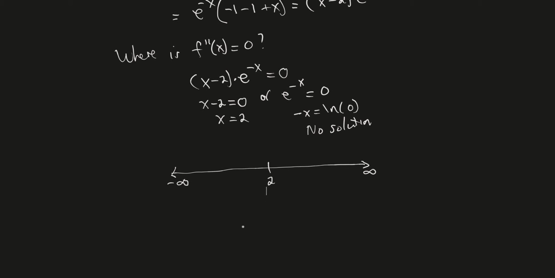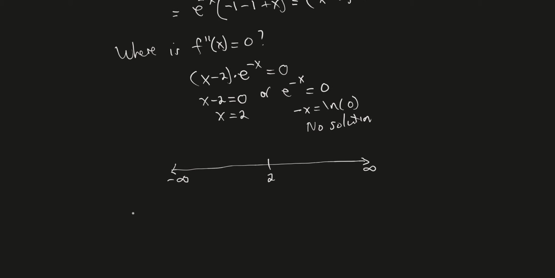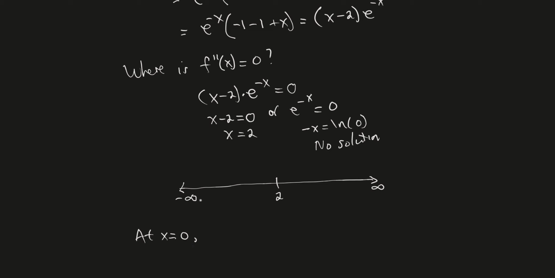So again, we can use test points. So if I use, let's say, x equals, I'm going to pick 0. Remember, our second derivative is right here. If I plug 0 in, do I get something positive or negative? Well, I'll have 0 minus 2 and then times e to the 0, right?